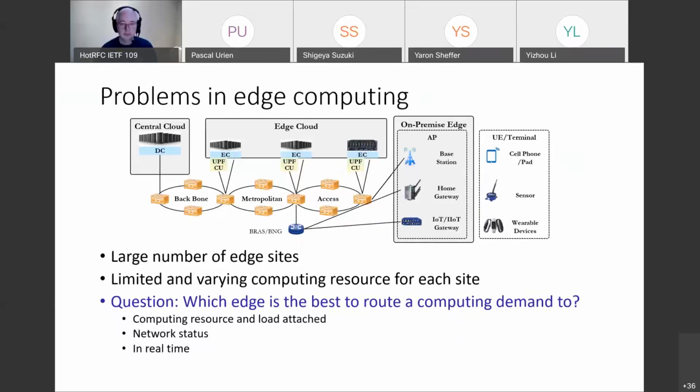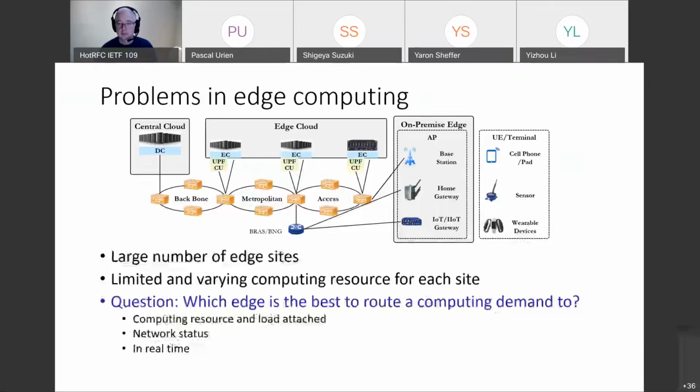So here we try to focus on the computing service. There are three aspects we want to consider. The first one, which one is the best? We need to consider the computing resources and the load attached to a particular edge site. Probably want to choose the most lightweight one.